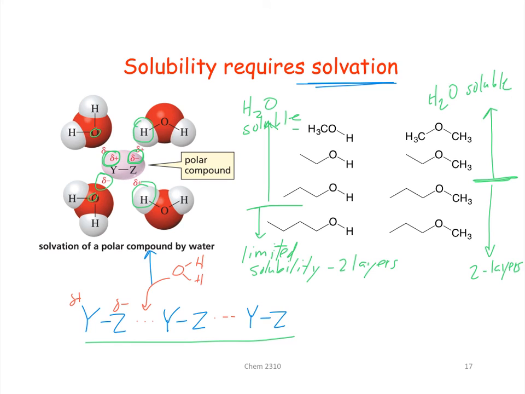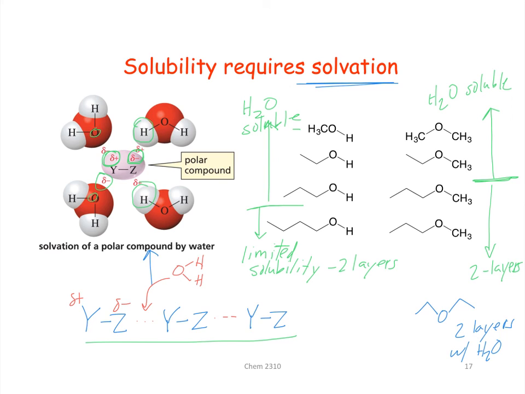Diethyl ether, like this, also will form two layers with water. That's the same size as methyl propyl ether, or 1-methoxypropane. This one and diethyl ether have the same masses and the same functional group.